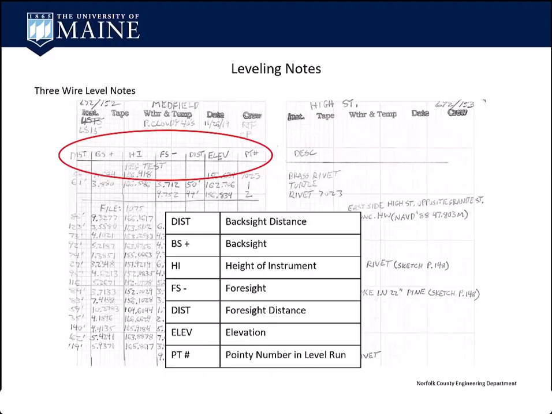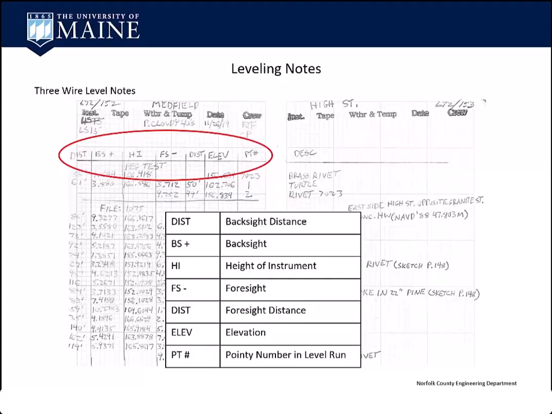3-wire notes. Again, backsight distance, HI, foresight, and then foresight distance, elevation, point number. The notes have changed over the years. This was done with the LS15. It's a digital level from Leica, and they assign points to all elevation shots, and the guys keep track of it in the book.